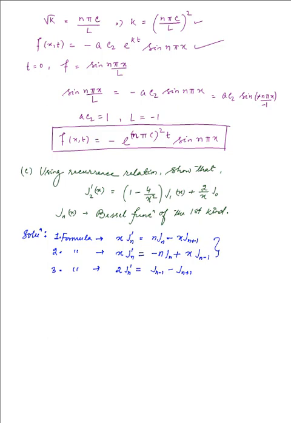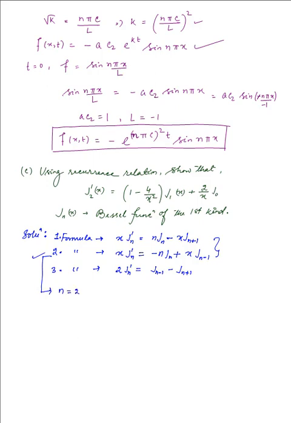So let's see what we have. Considering the second formula, x Jn prime equal to minus n Jn plus x J n minus 1, we use it first and put the value of n to be 2.